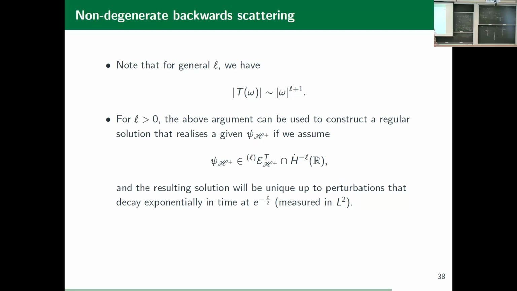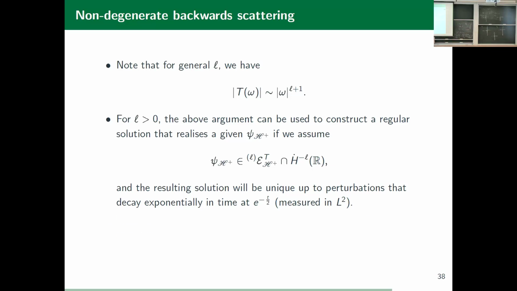I just want to consider spaces where I take H plus and divide by T, and I still get something that's in L2, that's integrable. So this is omega to the L plus 1, and this is omega, so I have to worry about the power of omega to the minus L. So if H plus is in H dot minus L, we can carry out the construction as before.